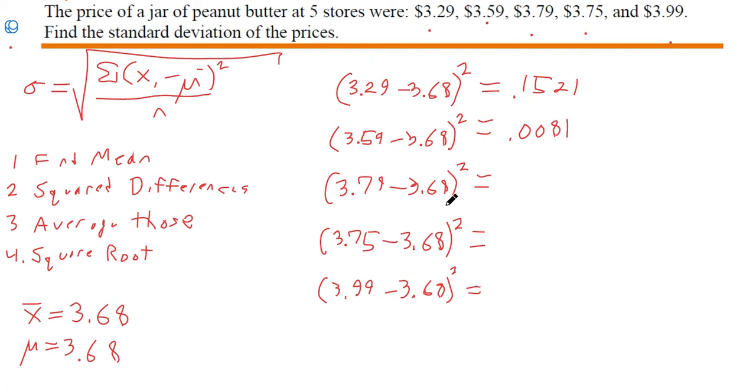If you're doing all of these each at once, make sure you are careful with parentheses, because it does matter. 0.0121, 0.0049, and lastly 3.99 minus 3.68 squared, and 0.0961.